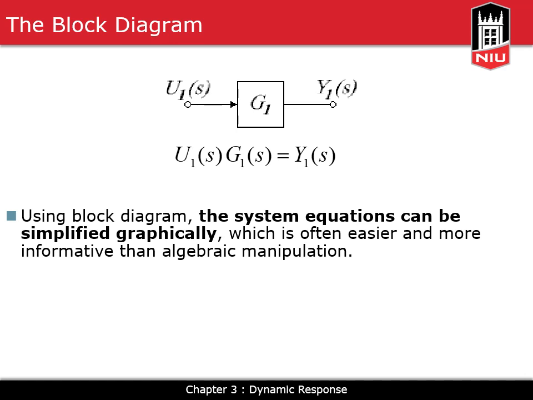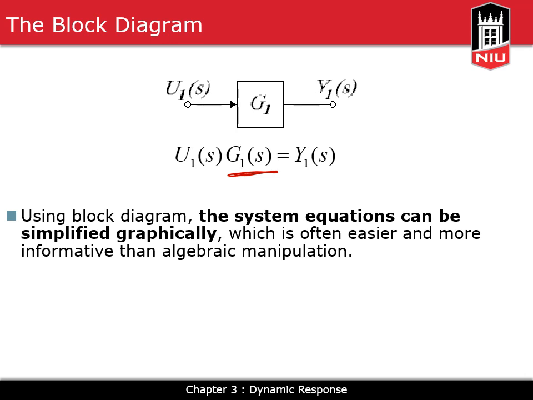As I said in the last slide, any block in a block diagram will have an input. We will consider the inputs in the S domain. Let's say the G1 block has an input U1 of S, and it has an output Y1 of S. If we work in the S domain, G1 would be a transfer function, basically a function in the S domain, so G1 of S. Working in the S domain makes finding the output of that block easy.